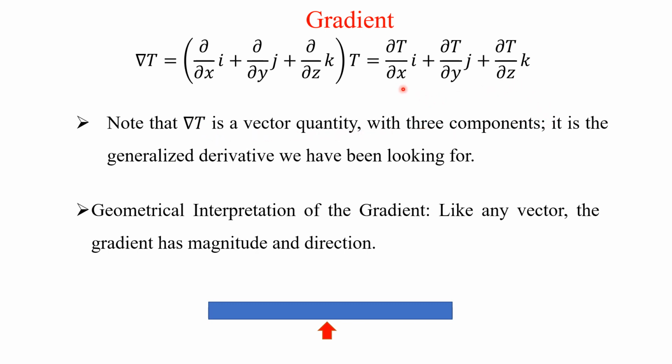In Cartesian coordinates, it has three components x, y, z. It is the generalized derivative we have been looking for. So what is the geometrical interpretation of gradient? Like any vector, the gradient has a magnitude and direction. That means it will behave like a vector. Though temperature is a scalar quantity, its gradient behaves like a vector quantity.